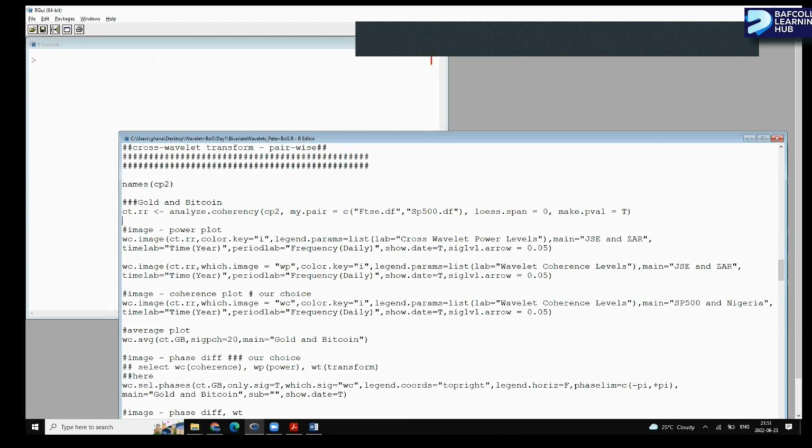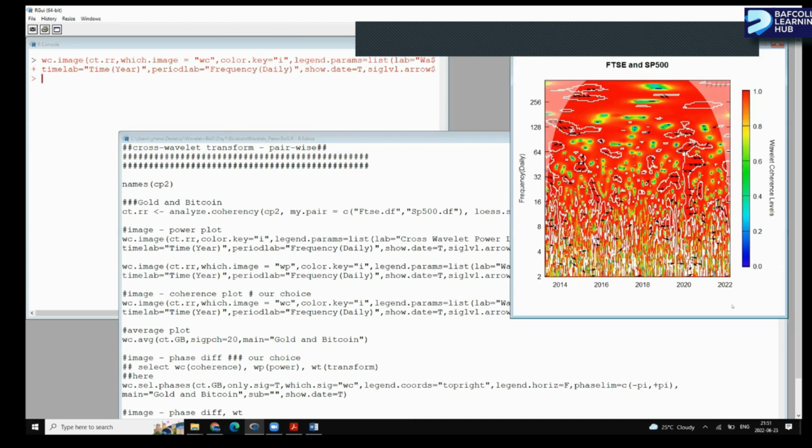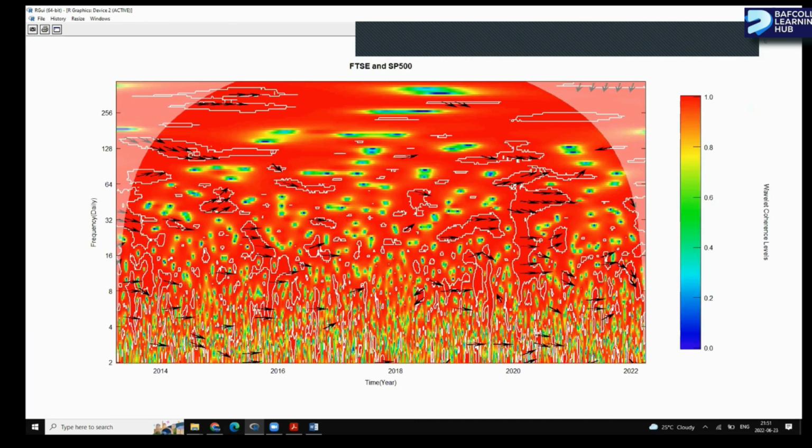Then let's go to our coherence. It was FTSE and S&P 500. Okay, first of all, do you see some of the coherences that are insignificant outside of the cone of influence? So those ones, you ignore them because they are not significant. Okay, so I see a lot of in phase, a lot of movement in the same direction.